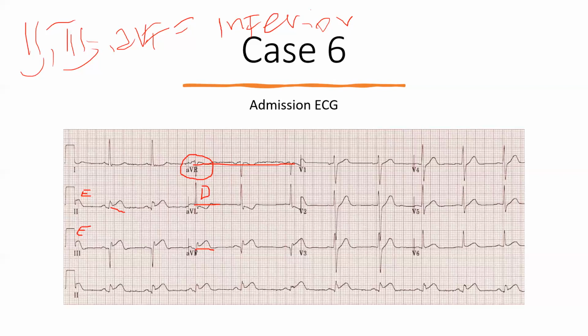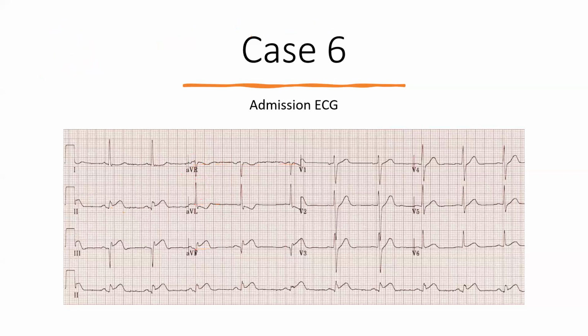All right. So basically, when we're looking at a 12-lead ECG, any ST elevation is going to be a manifestation of ST elevation MI. An ST depression is a manifestation of ischemia.